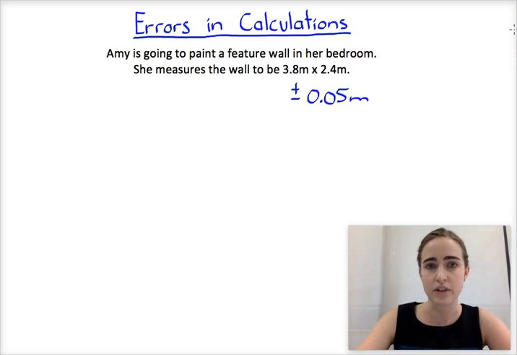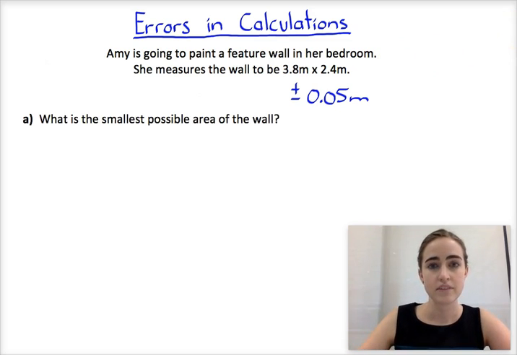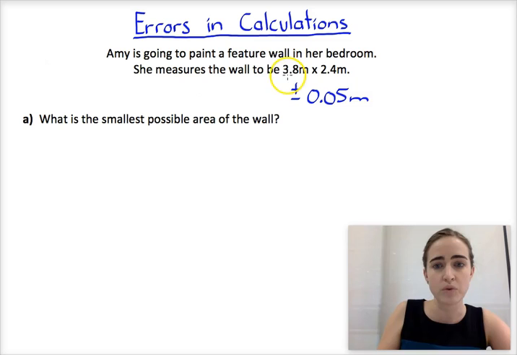Right, so now let's have a look at what our questions are asking us. So part A of our question asks us, what is the smallest possible area of the wall? So the length of the wall was measured to be 3.8 metres. The smallest measurement that could have actually been, the smallest true measurement, would have been 3.75. So that's subtracting that 0.05 metres.